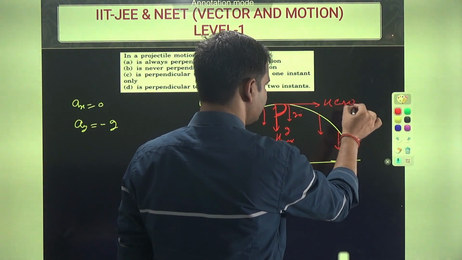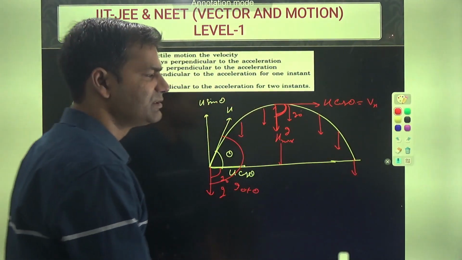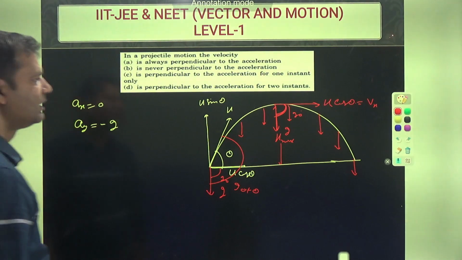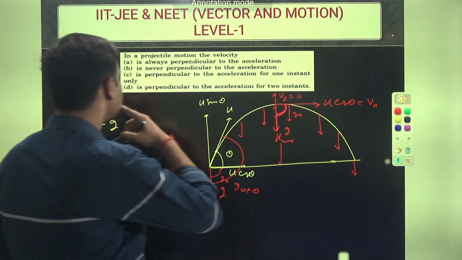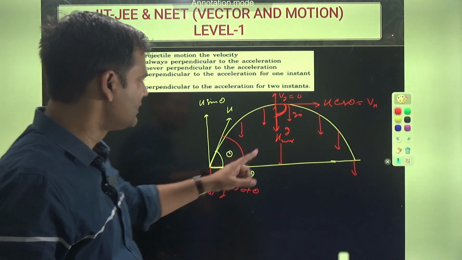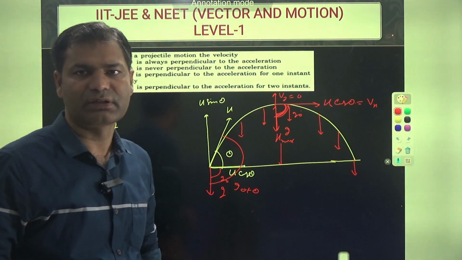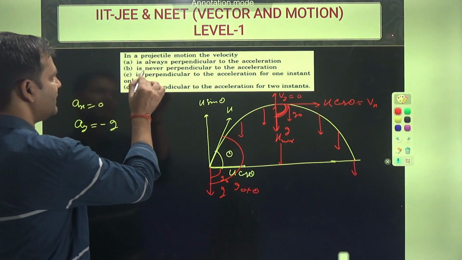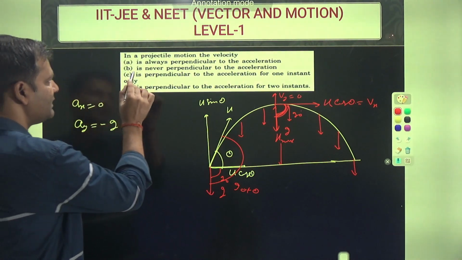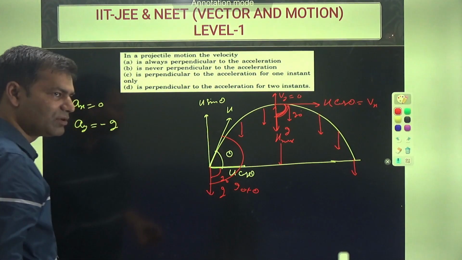That is u cos theta, that is Vx. Vx is u cos theta, clear or not? And what about Vy? Vy is 0 at the highest point. At that point, the angle between velocity and acceleration is 90 degree. So B is incorrect. According to option B, it is never perpendicular to the acceleration. Is it never perpendicular? No.